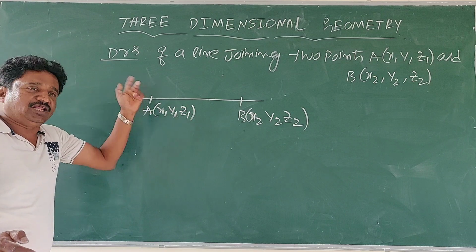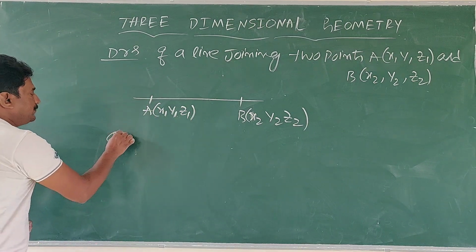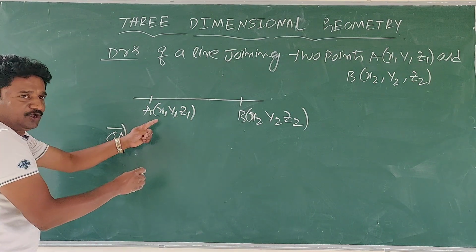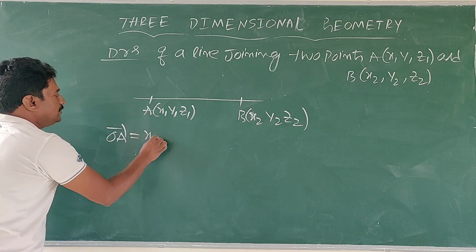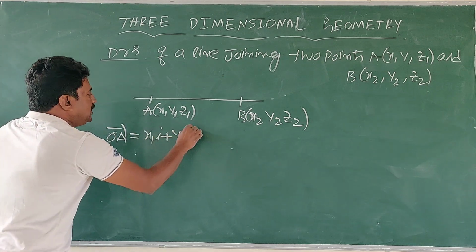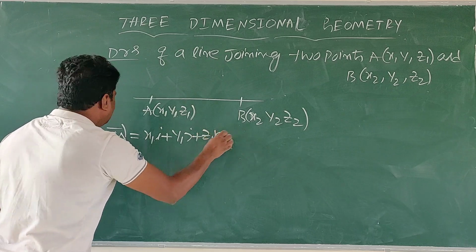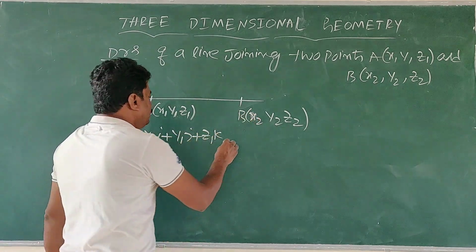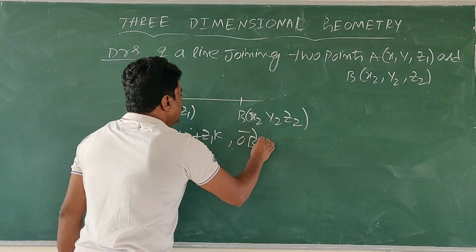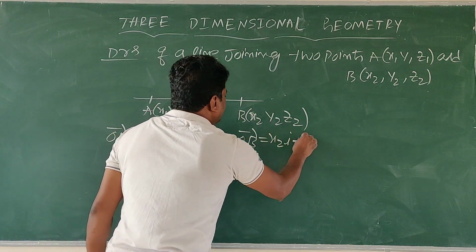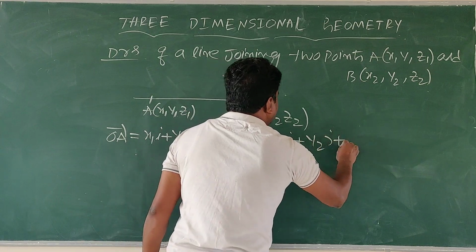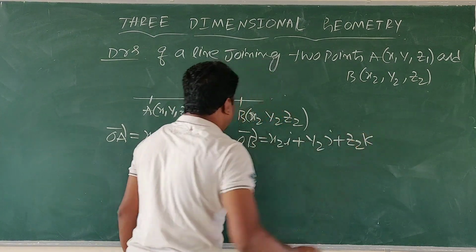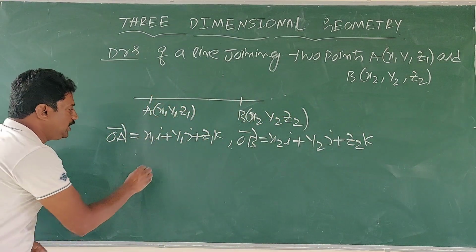Point given, change that into a vector. Vector OA, the position vector: x1 i plus y1 j plus z1 k. So point B given, you change this point into a vector. Vector OB: x2 i plus y2 j plus z2 k.